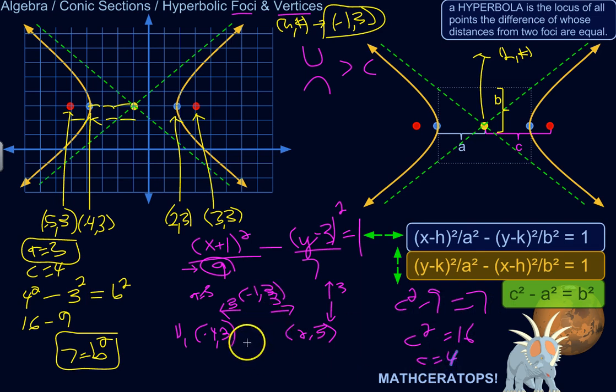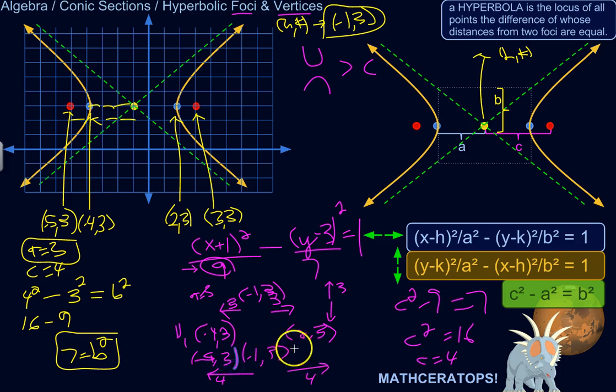So if I start at the center and go 4 to the left and 4 to the right, I get negative 1 minus 4, which is negative 5, 3.